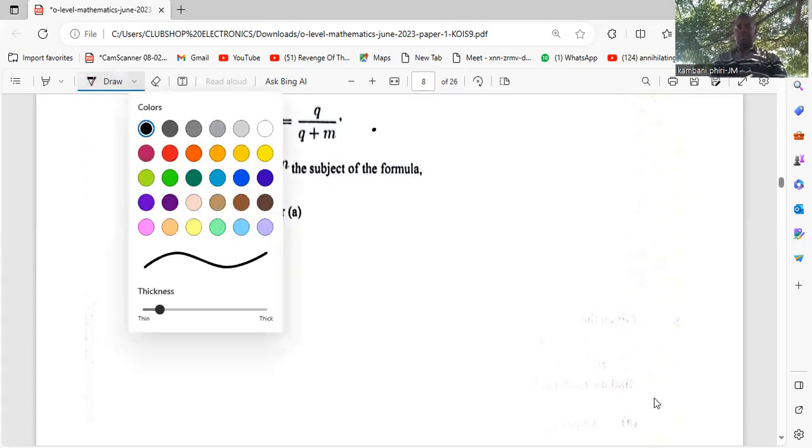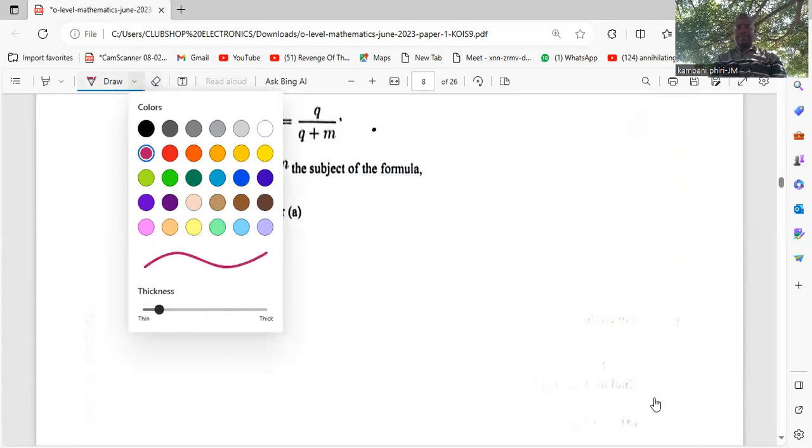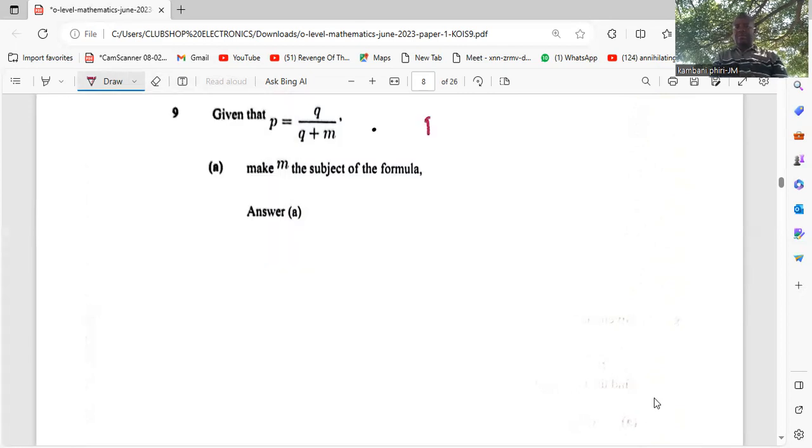So we are saying given that P is equal to Q divided by Q plus M.